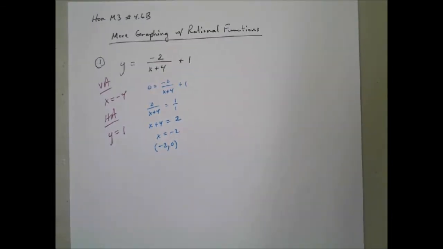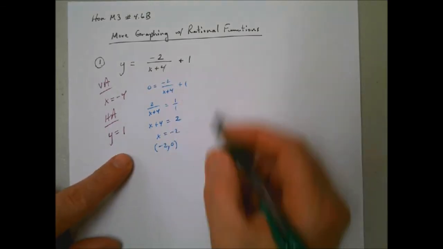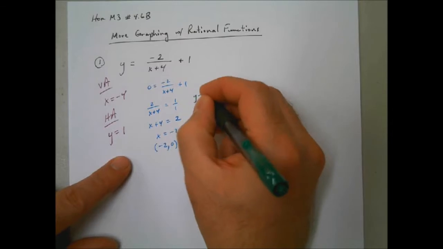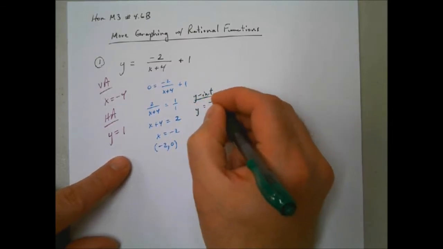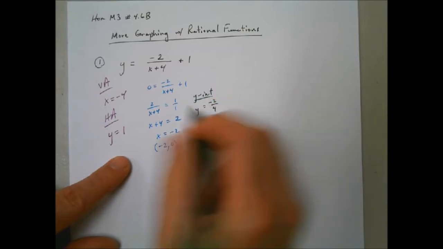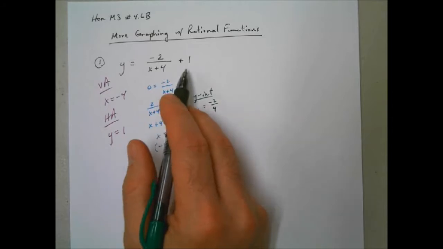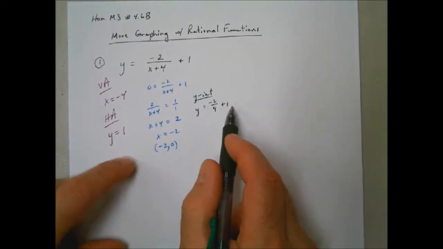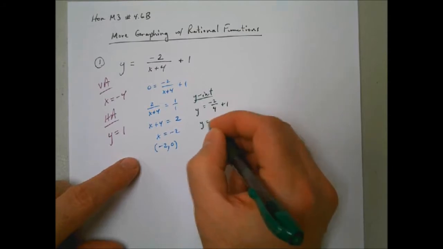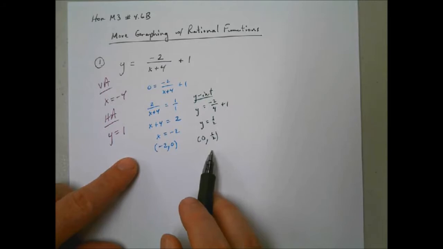Okay, y-intercept. We know that if I plug in 0 for the x, we get y equals -2 over 0 plus 4. So -2 over 4, but plus 1. So that's -1/2 plus 1, so it's y equals 1/2. So 0, 1/2.